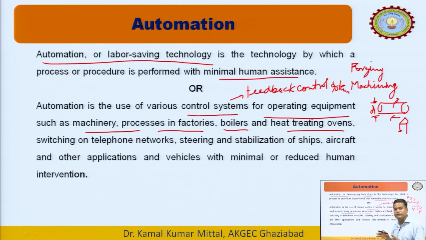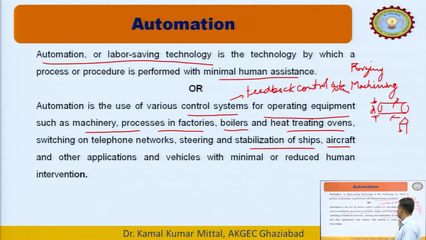The ship is moving over the surface of water with high velocity, and because of the friction between the surface of the water, there is a chance of destabilization of ships. So automation is required to stabilize the ships.